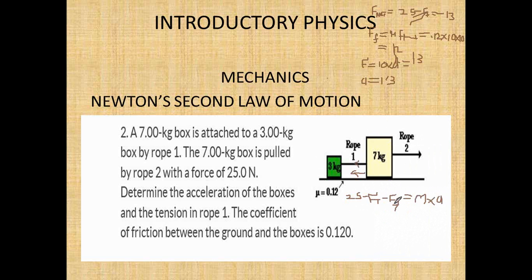So we can calculate the frictional force created by this 7 kilogram box. Again, frictional force is equal to the coefficient of friction times the normal force. This box is going to have a force of gravity of 7, the mass, times acceleration due to gravity, 10, so 70.